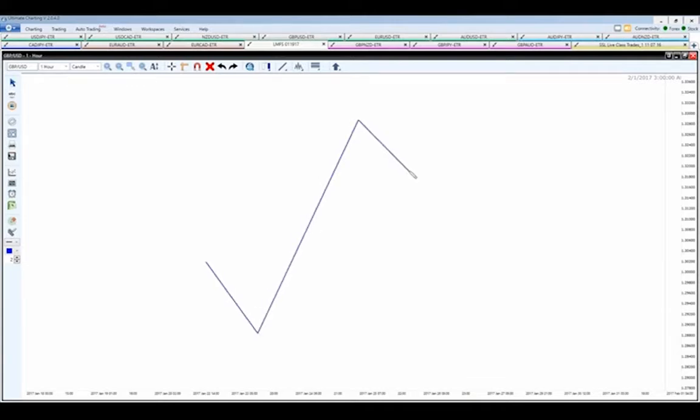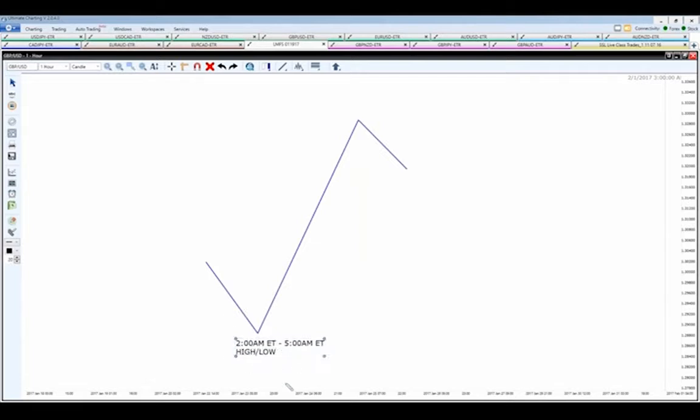Just like that. Let me quickly explain what we're going to be looking for and how this trading strategy works. Between 2 o'clock a.m. Eastern Time and 5 o'clock a.m. Eastern Time, what we're going to be looking for is the initial high or low for the day.